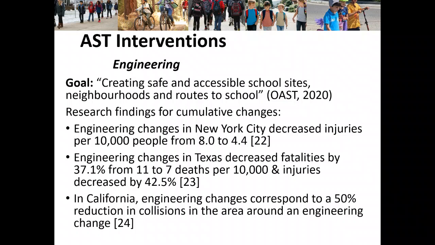These are research findings on cumulative changes, which means over a 10-year period, what have we seen as a result of these? And we're seeing significant declines in both deaths and injuries across the board. Okay? In examples in New York City, Texas, California.